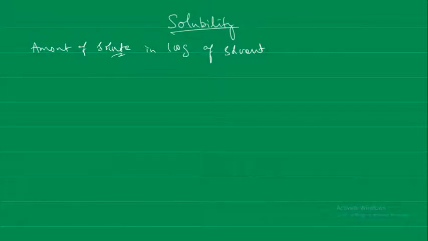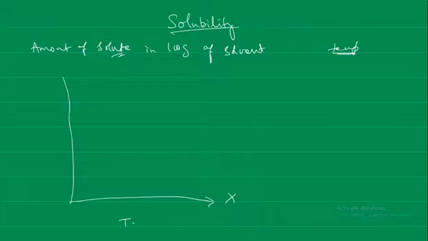Now, it is important to note that we are saying at a given temperature. You already know that if you change the temperature, the solubility also changes. So suppose we make a graph in which on the x-axis we take temperature, say degree centigrade, and on the y-axis solubility.